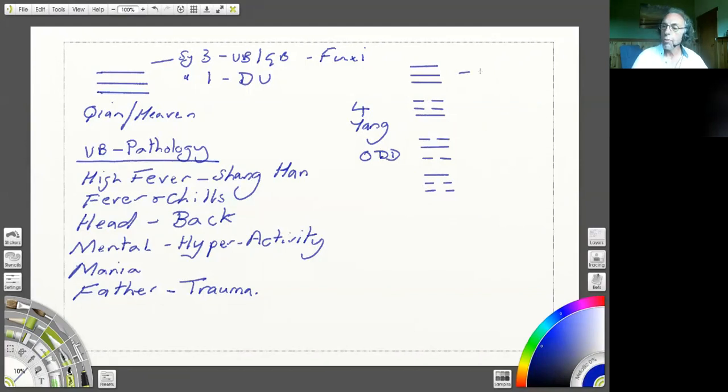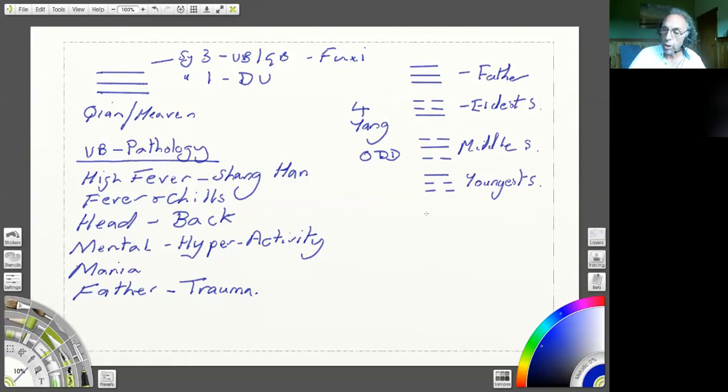And then here we have father. Here we have eldest son, middle son, and youngest son. And that also means young men, middle-aged men, and older men.